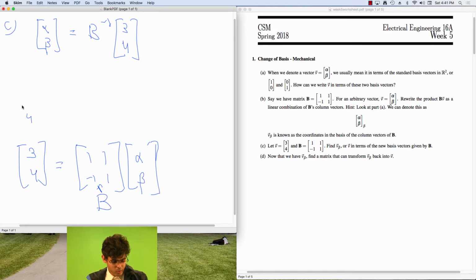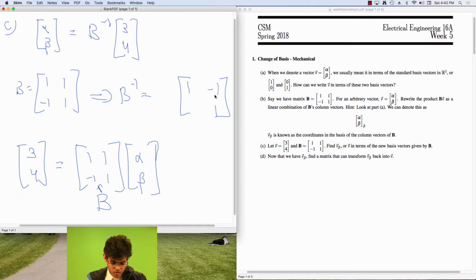So let's start by finding what B inverse is. Since B is the matrix 1, 1, negative 1, 1, we know that B inverse has to be equal to 1, 1, negative 1, 1, divided by the determinant of this matrix, which is 1 times 1 minus negative 1 times 1.